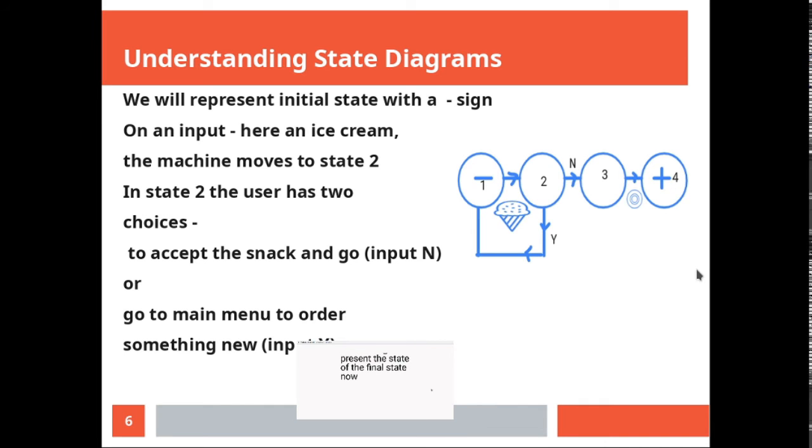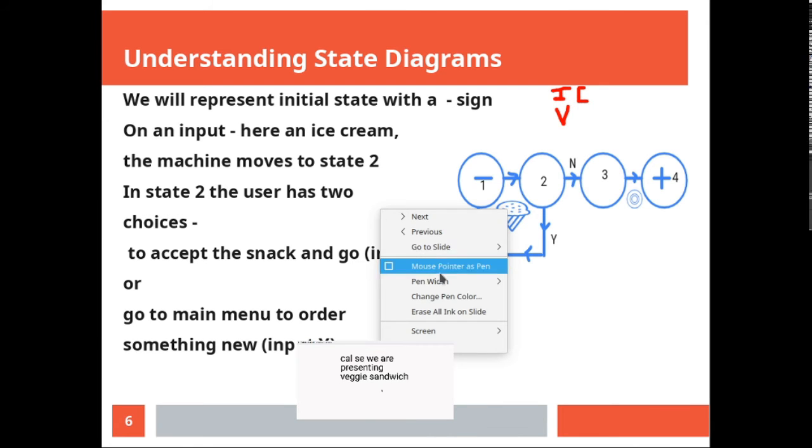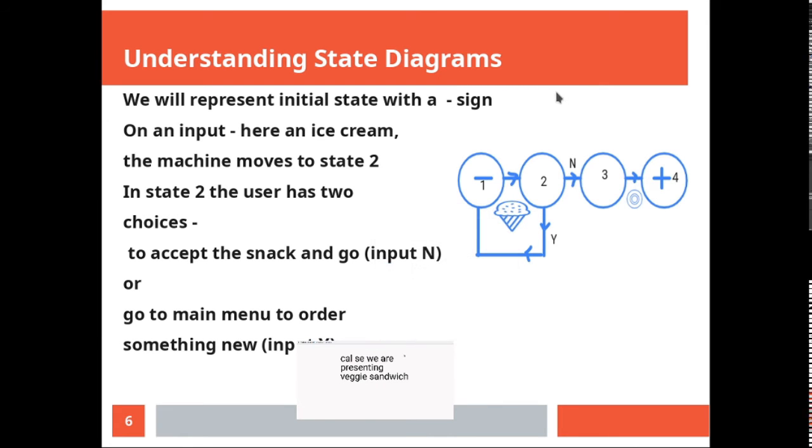Now, what is happening over here? If I talk about my vending machine, let's say my vending machine offers an ice cream cone. Let me just erase this slide, and let me say that, okay, C represents the ice cream cone and B represents the veggie sandwich, and let it offer me a soft drink.